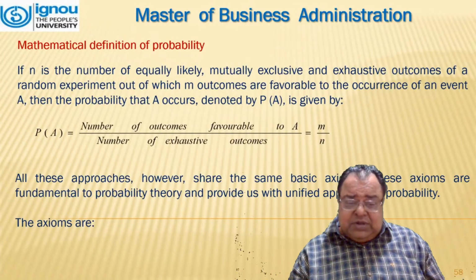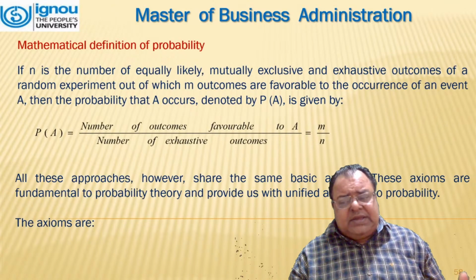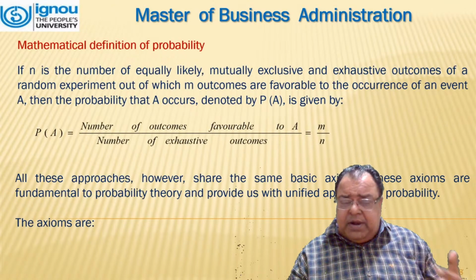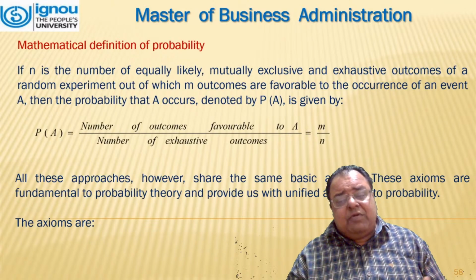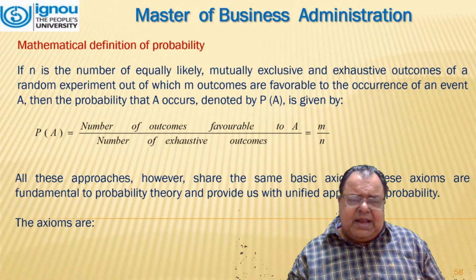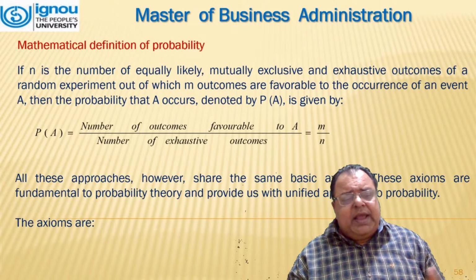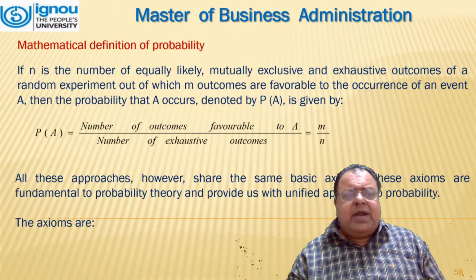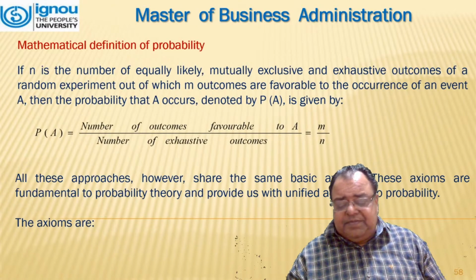All these approaches, however, share the same basic axioms. These axioms are fundamental to probability theory and provide us a unified approach to probability. The probability of an event can be defined as favorable cases upon total number of cases.